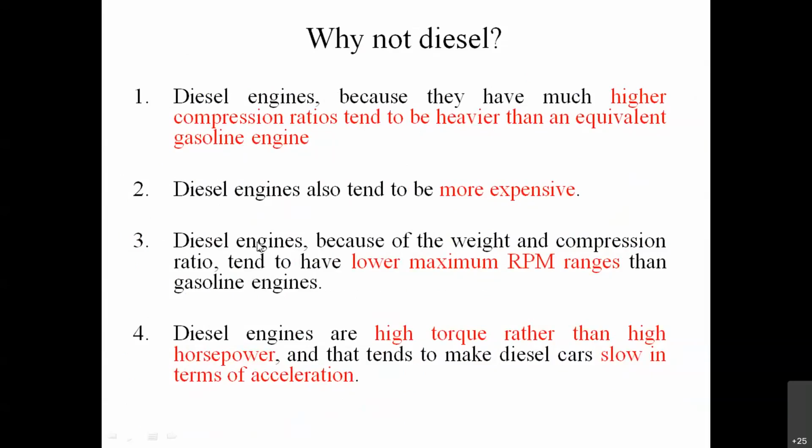Because of the weight and compression ratio, diesel engines tend to have a lower maximum RPM, so the limit on speed is lower than in SI engines. Diesel engines are high torque rather than high horsepower.